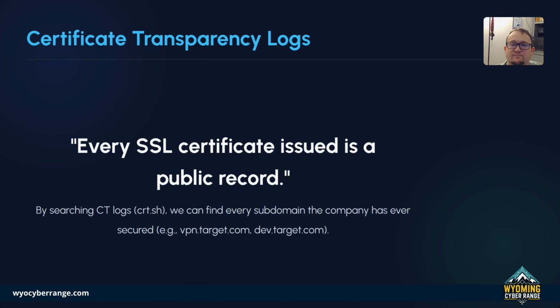All right. Every SSL certificate is public, so we can search logs like crt.sh. This is the best way for us to find subdomains. Even if a server is private, if they got an SSL cert for it, it's in the log. All certs are public records, so if they got a cert for it, we could probably find it, which is fun.